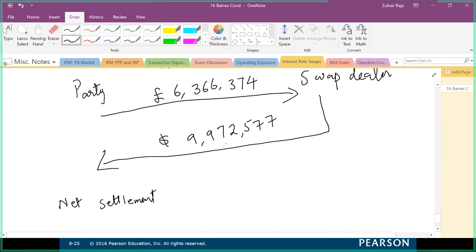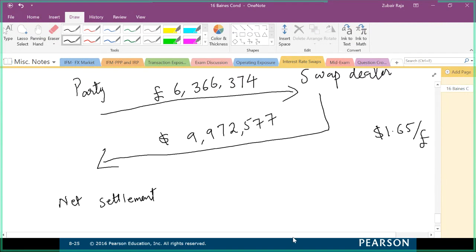So at that time, when this settlement is happening, we'll see what the exchange rate is. The exchange rate at that time is $1.65 per pound, right? So let's see who will be making the final payment.